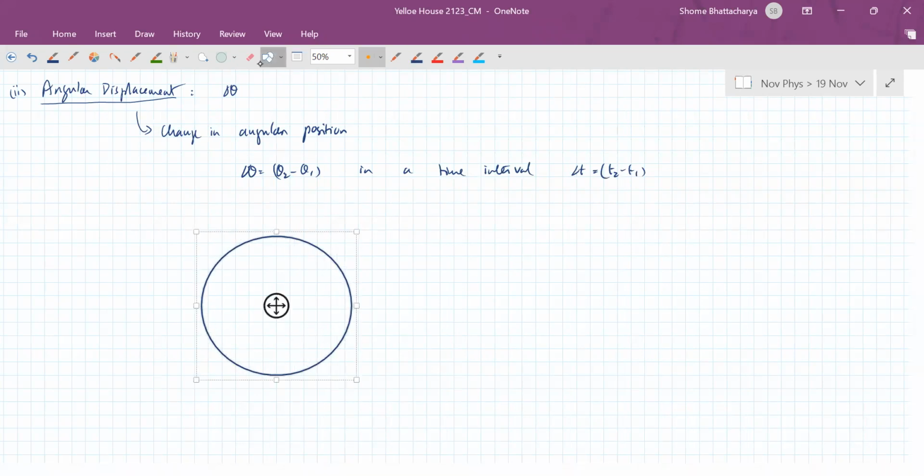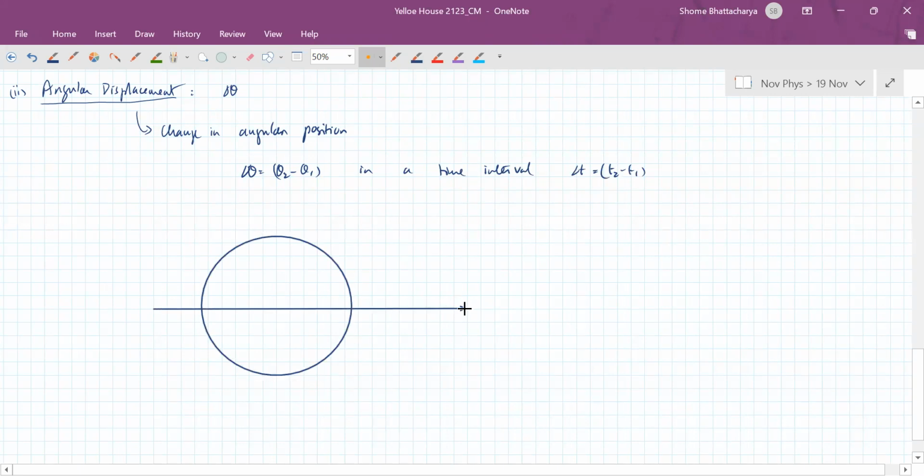So for example, if a particle was located here at some time t1, so this angular position was theta 1.